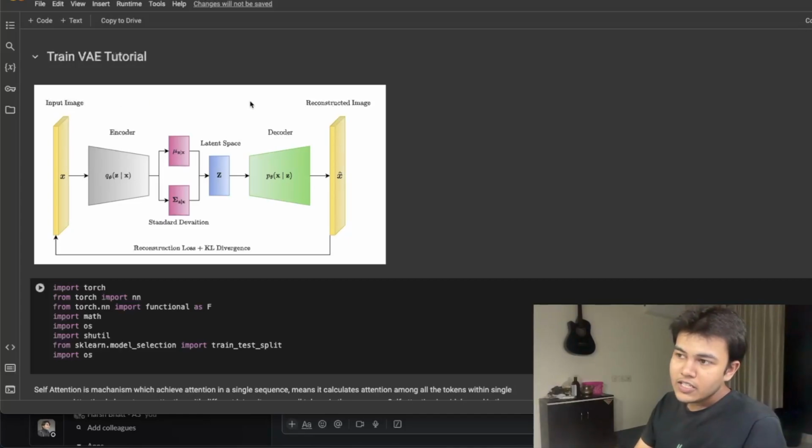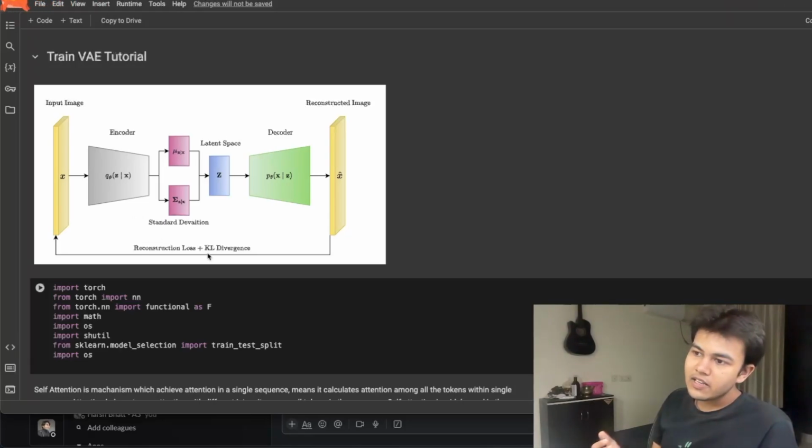Now to train this model, you do the backward pass, and the loss is the reconstruction loss plus KL divergence. The reconstruction loss, as you already know, is the difference between the original image and the reconstructed image, which could be mean squared error loss.